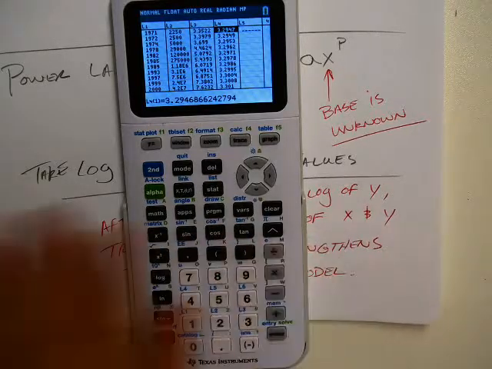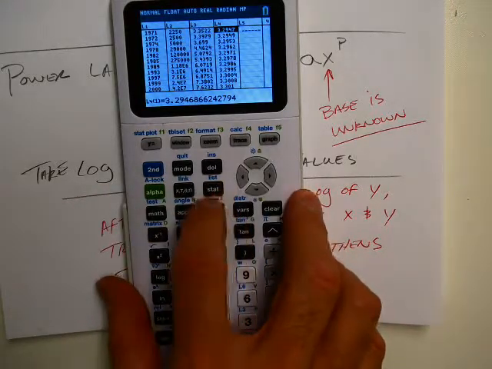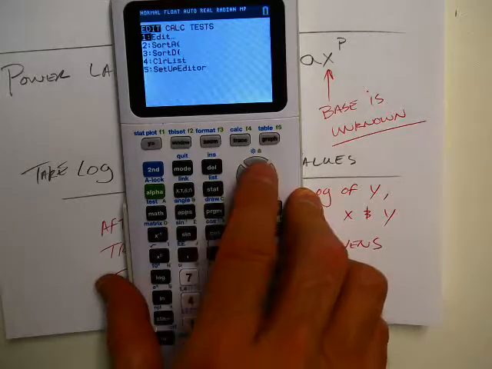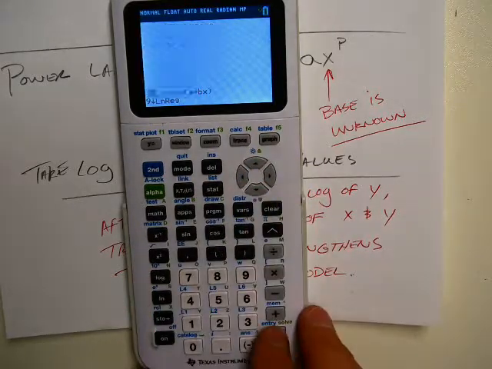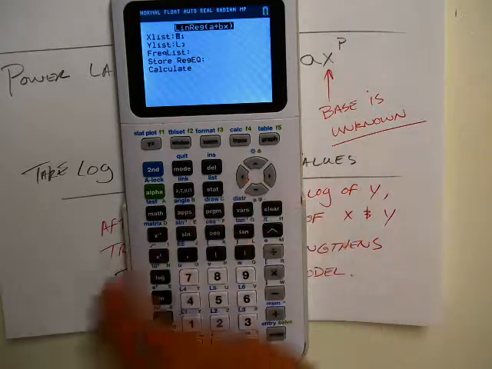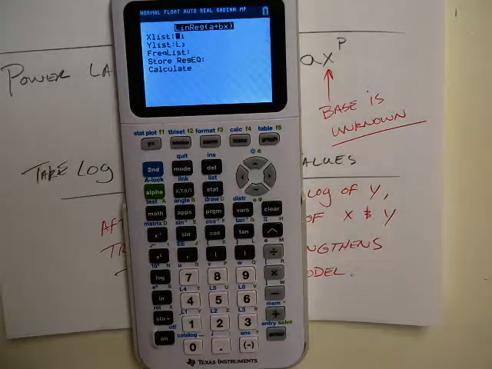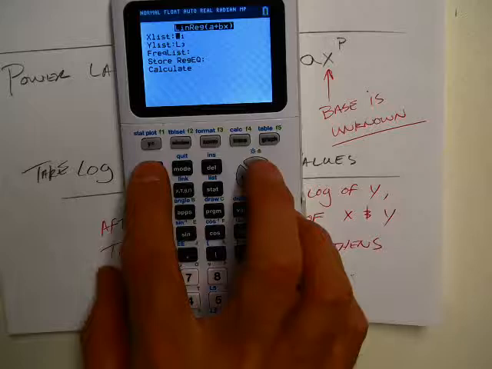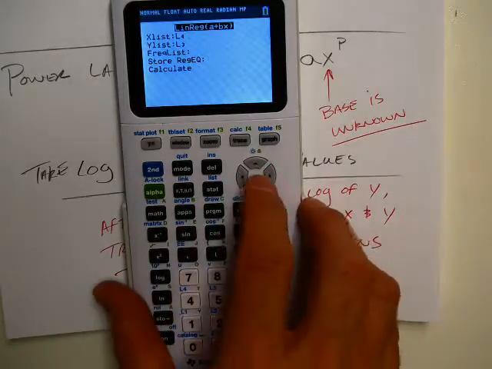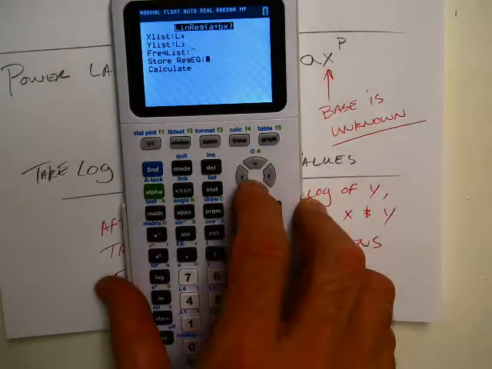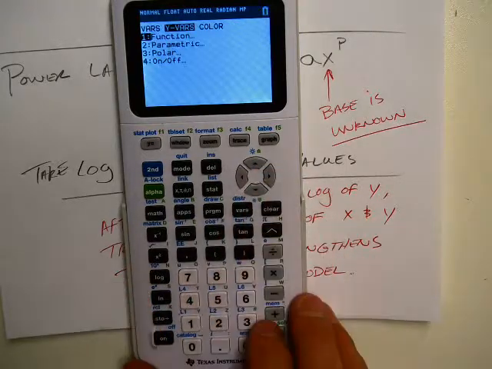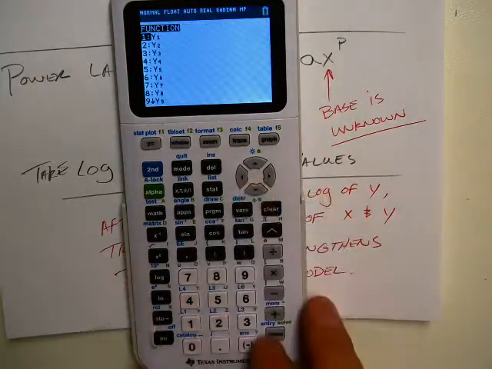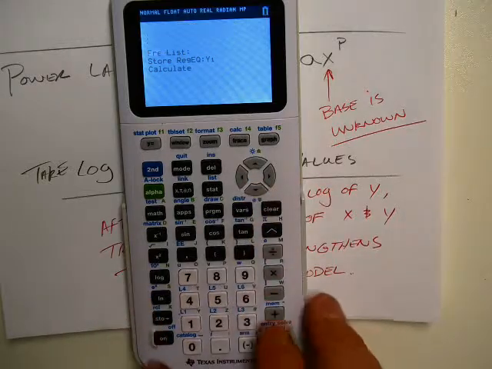Then we're going to go through the same steps to get the line of regression. I'm going to say Stat, Calc, line of regression a plus bx. In this case, my x list is going to be L4. L3 is y, that's okay. Store the regression equation? Yeah, I think so. Vars, y vars, function, calculate.